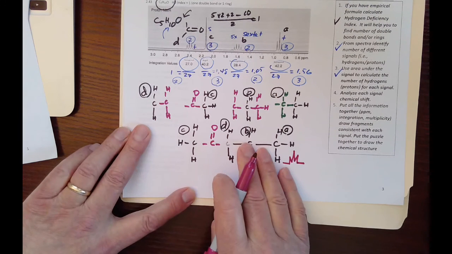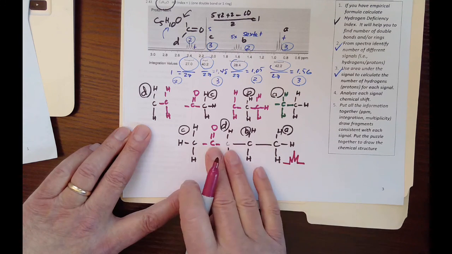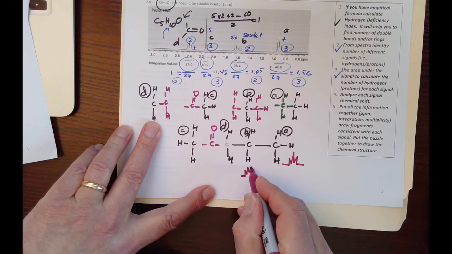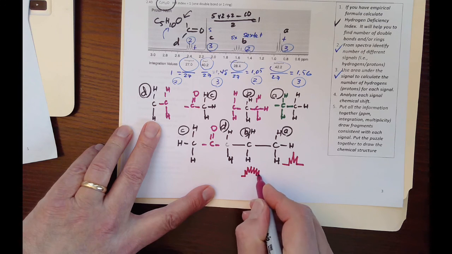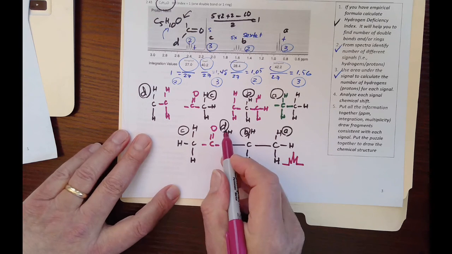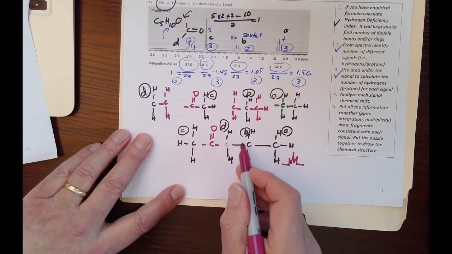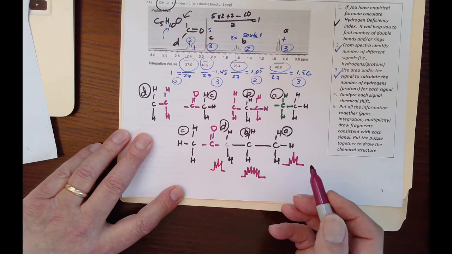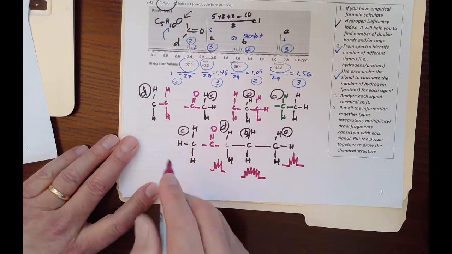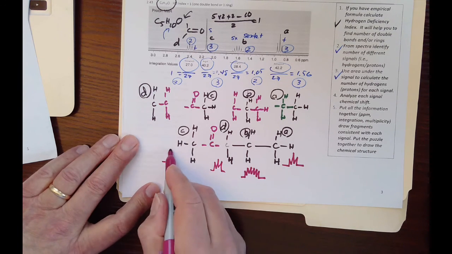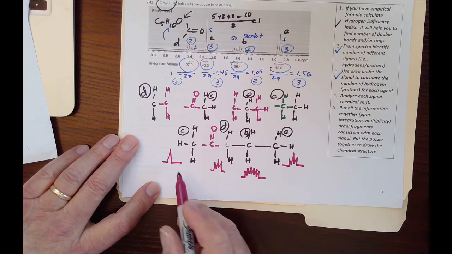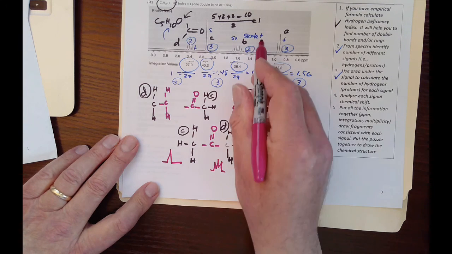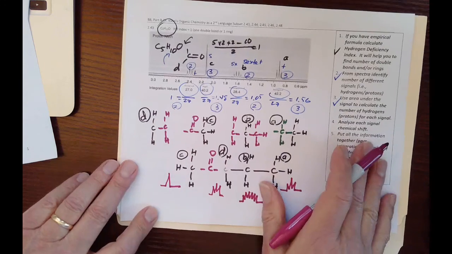Look at the B, it has 5 next to it, so it would be 6 of them: 1, 2, 3, 4, 5, 6. D, next to 2, is a triplet. The C double bond O doesn't have anything, and the CH3 here is a singlet. So we have a singlet, a triplet, and a sextet, and that's the same as the structure.